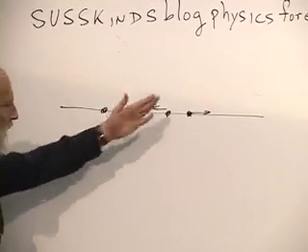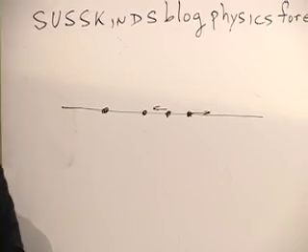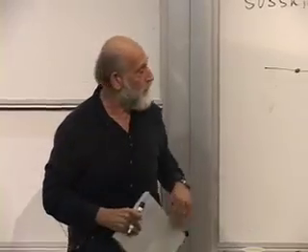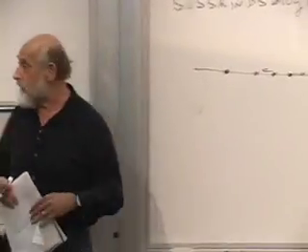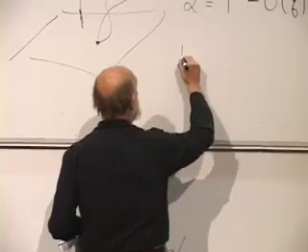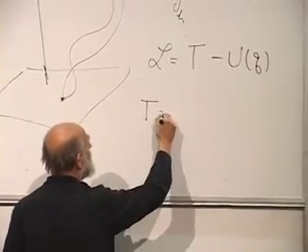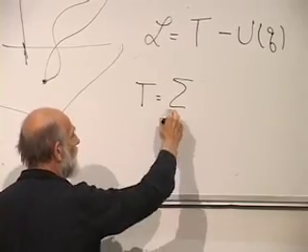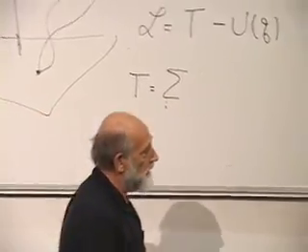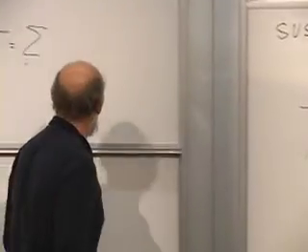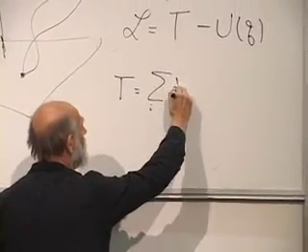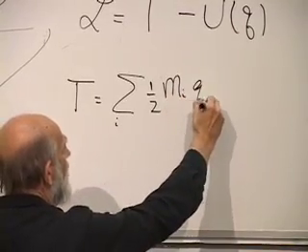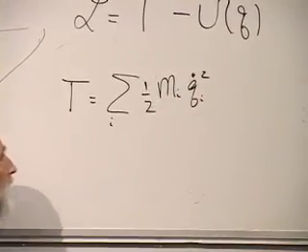Their velocities would be the Q dots, and their kinetic energy would be 1/2 the mass of the ith particle times the square of its velocity. So we would write that T is equal to 1/2 a sum over all the particles, labeled according to i, of the mass of the ith particle times Q sub i dot squared.